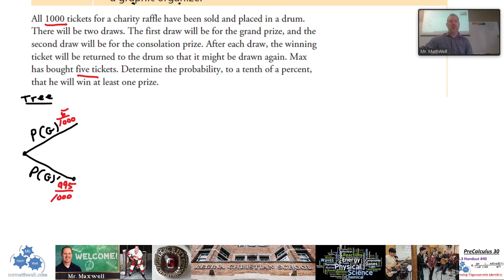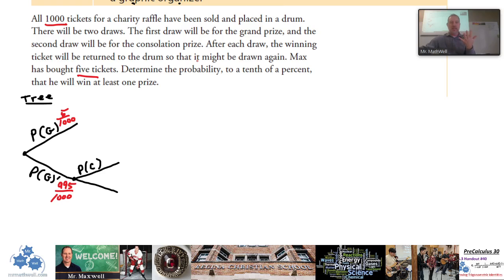So the second, the tickets are all being replaced, so he has 2 options there. This is the probability of, let's say, the consolation. So let's say probability of winning the consolation is, okay, now how do we do this probability? Well, there's only one prize, and so 1 ticket wins it.